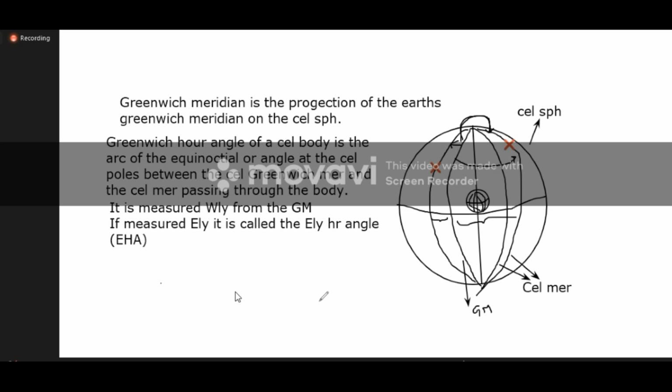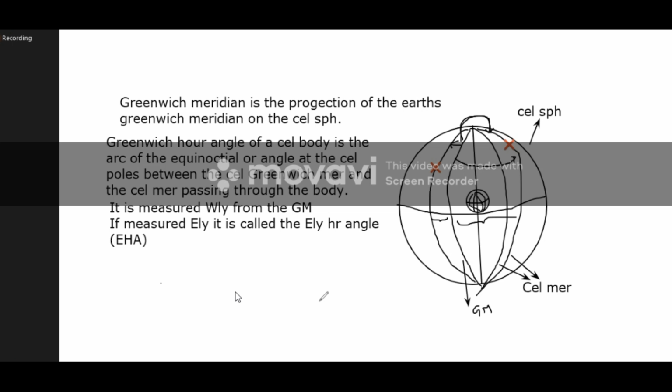If a numerical says the EHA of the body is this much, then GHA is equal to 360 minus EHA. Or if GHA is given and you want to find EHA, EHA is equal to 360 minus GHA. That is all.